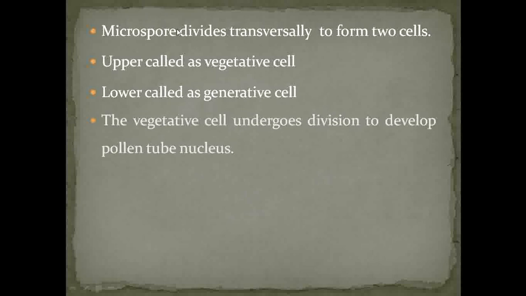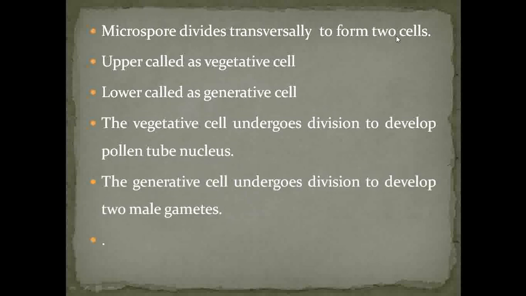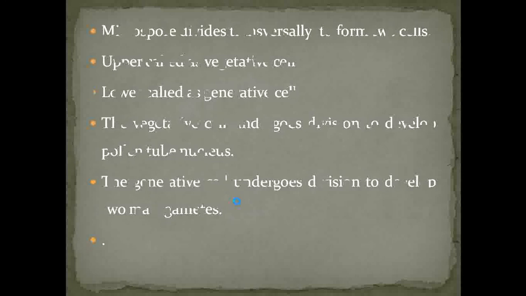Here the liberated microspore divides transversely to form two cells, the vegetative cell and the generative cell. The vegetative cell undergoes division to form the pollen tube nucleus, and the generative cell divides to develop the two male gametes.